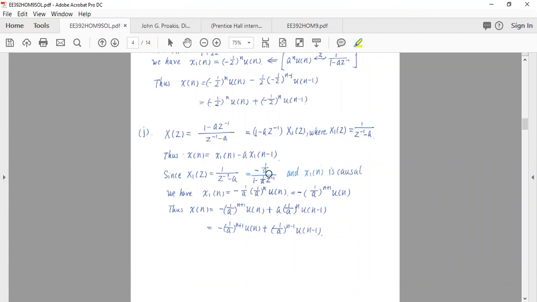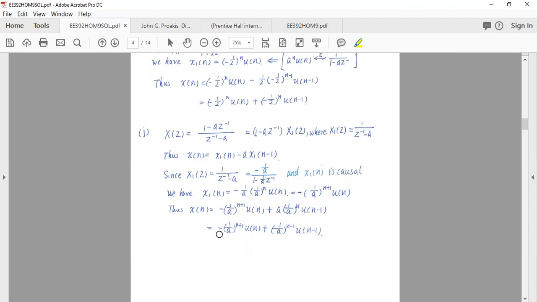And then we can find the inverse z transform of 1 upon 1 minus 1 upon a z to the power of negative 1. Whatever we have, we find the inverse z transform. So this is the term we're getting, and we can further simplify it and rewrite it as this. So once we have x1 of n, we can substitute x1 of n into this particular term to get our x of n.